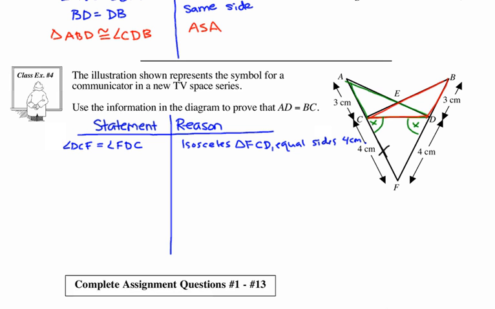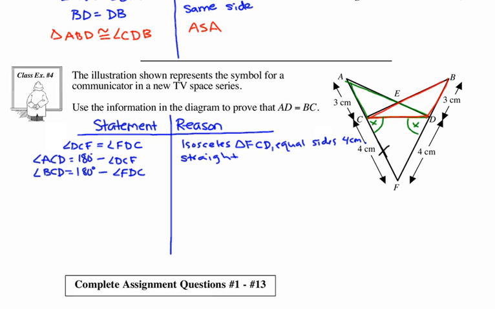So then we want to prove, okay, what is angle ACD going to equal? Well, it'll be 180 minus angle DCF. So angle ACD equals 180 minus angle DCF. Why is that? That's because of a straight angle. And angle BDC would also be 180 minus angle FDC.